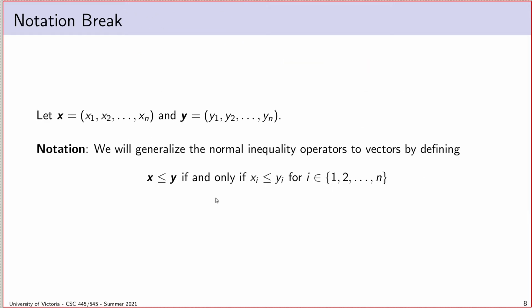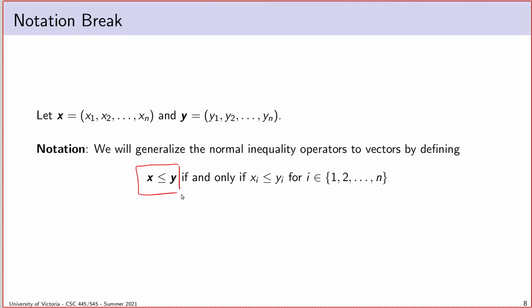Here's a time to talk about some notation. It's good to bring in new notation as often as we possibly can. Every now and then I'm going to want to talk about a sequence of inequalities, and we'll see in a few minutes where this is going, but there are times when, because I have a sequence of linear inequalities, I might want to use vector notation to make it look more compact. So what I will do is define this notation, vector less than or equal to.